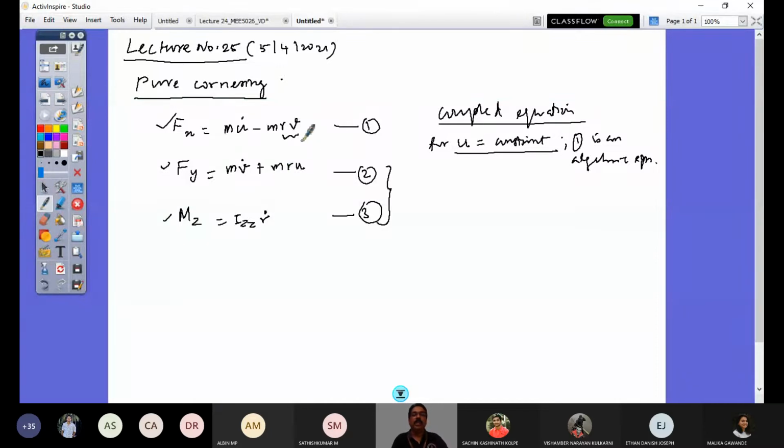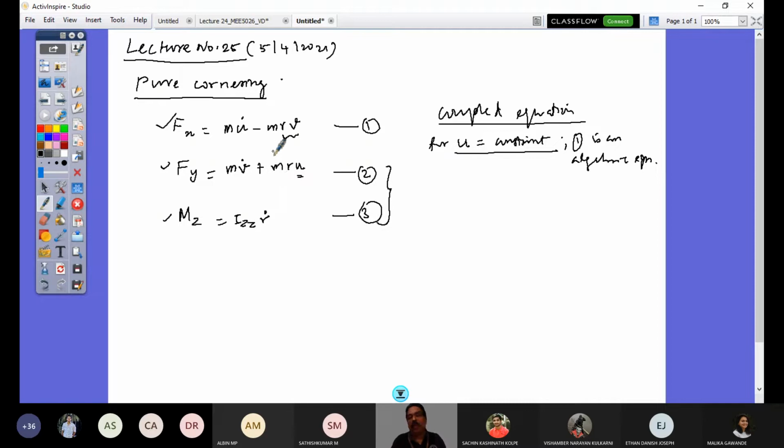What is there in equations 2 and 3? Equations 2 and 3 also depend on the forward speed. You can see here u. Right, it depends upon the forward speed. So in such cases, these equations are coupled equations, and since equation 1 is going to be an algebraic equation, these two equations are independent of equation 1.